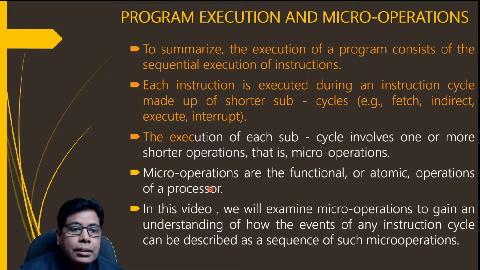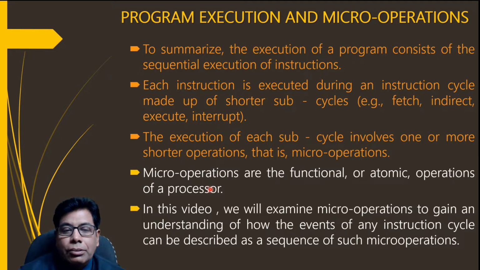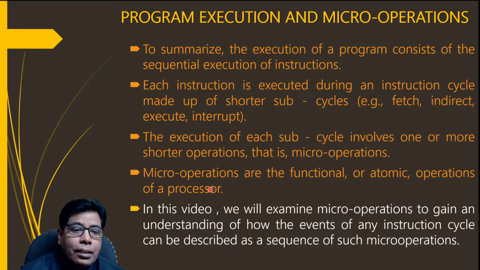The execution of each sub-cycle involves one or more shorter operations, that is the micro operations, which we have just discussed. Micro operations are the functional or atomic operations of a process. They are carried out in the registers.